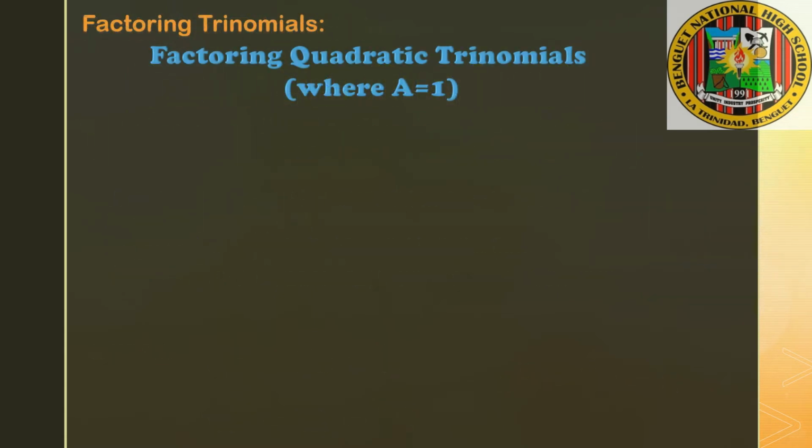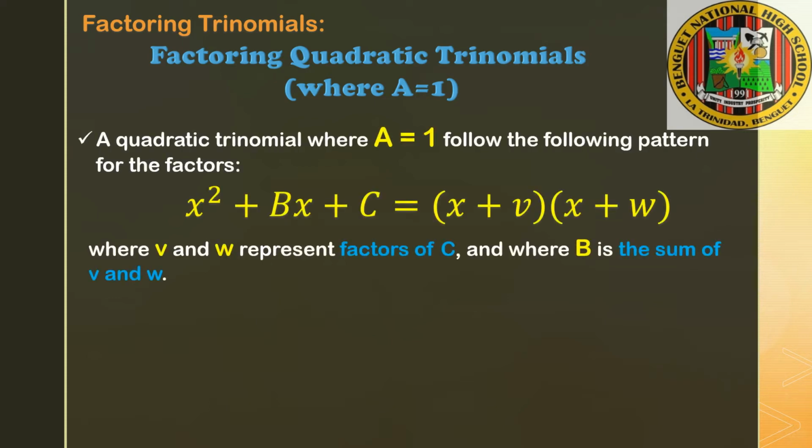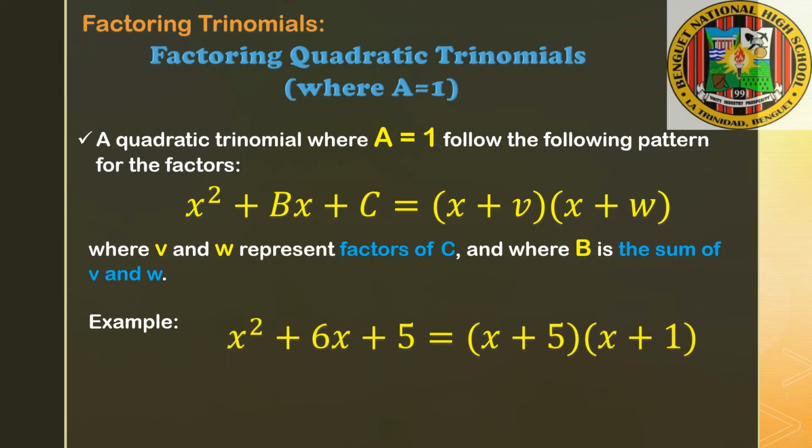If we have a quadratic trinomial whose value for a is 1, we can factor it out using the following pattern. In this pattern, the x in the binomial factors remain x, since the factors of x squared are x and x.